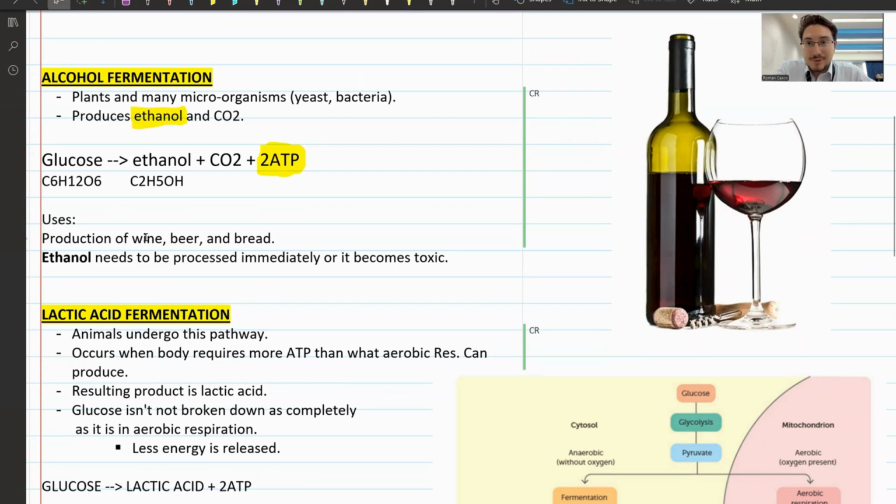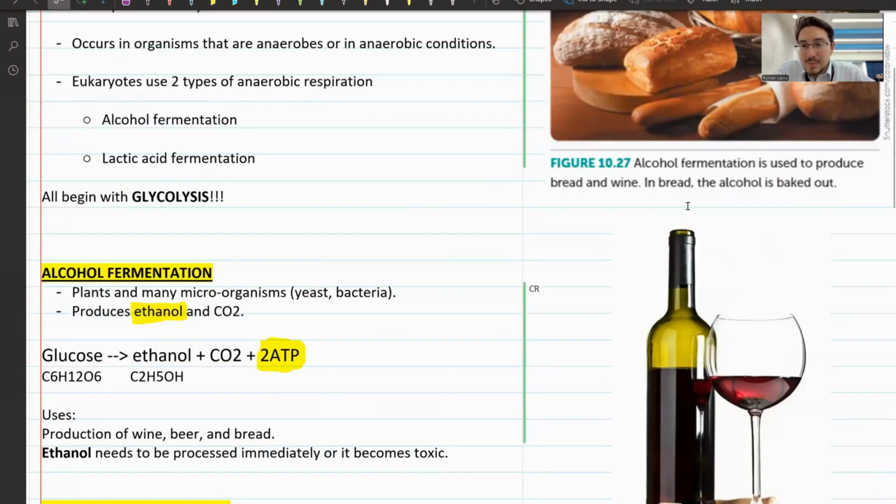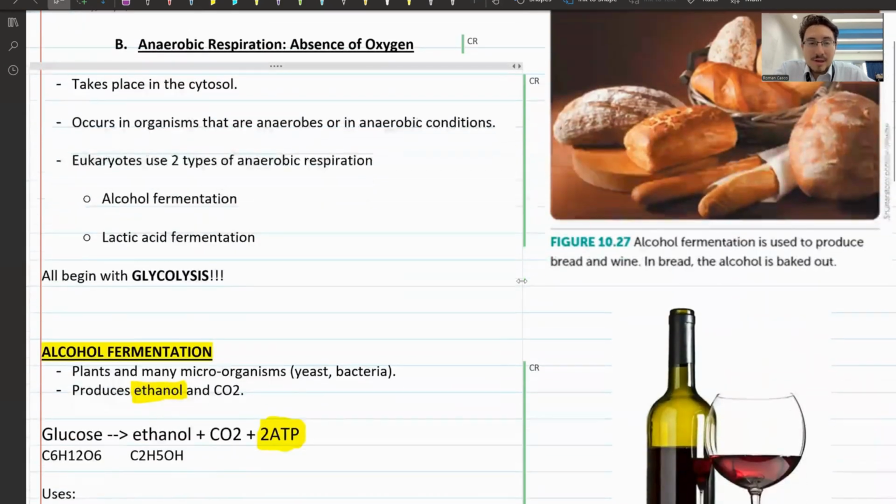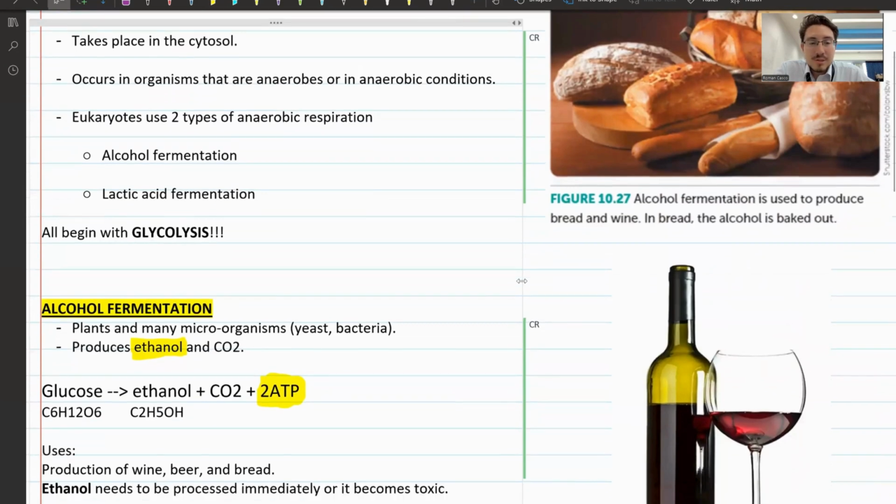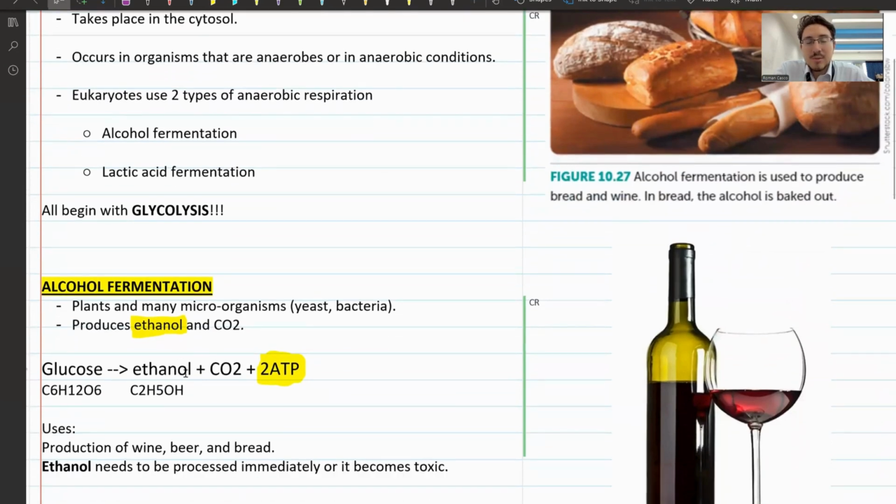A use of this for human consumption, of course, are alcoholic beverages, right? Wine, beer, but you could also use it for bread, right? Yeast can produce the alcohol in bread, and the little bubbles that you see in the spaces of the bread to make it rise is carbon dioxide, right? And you also get the ethanol, but of course, we don't feel it when we're eating bread. We don't get drunk or anything.